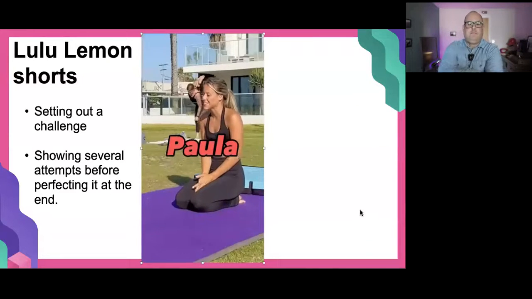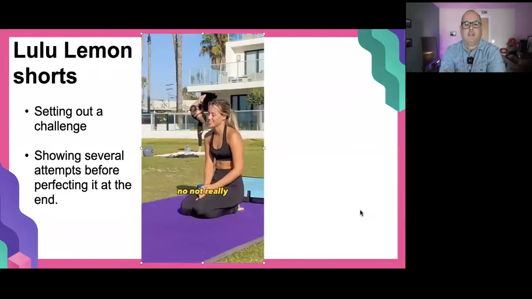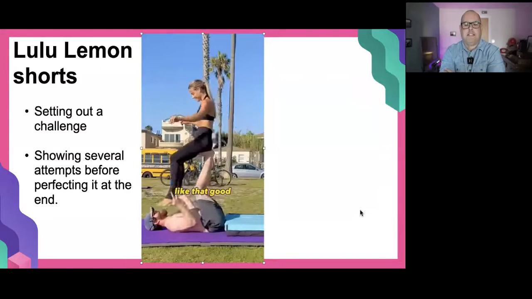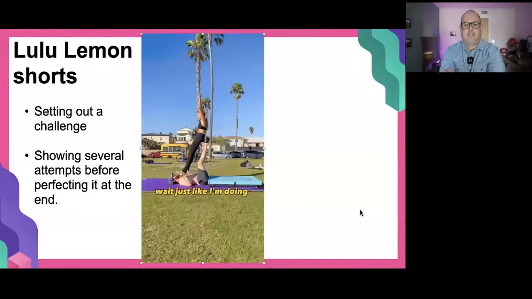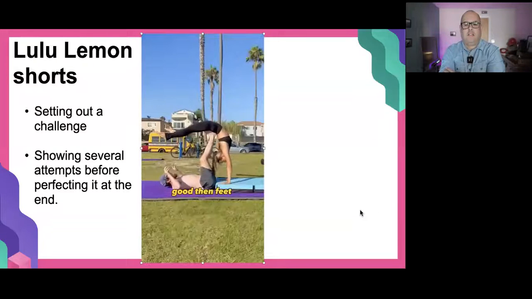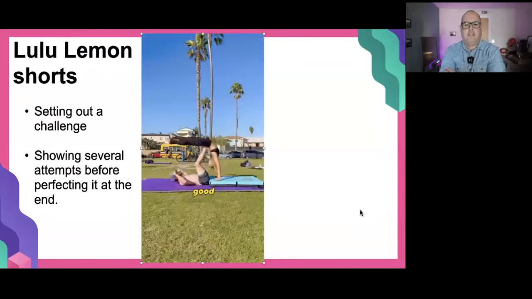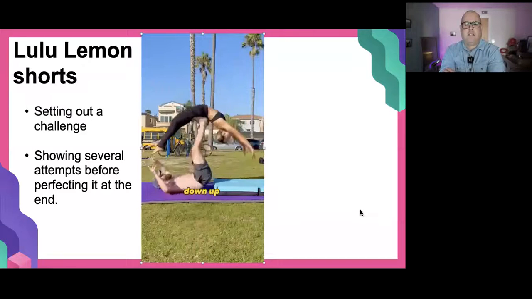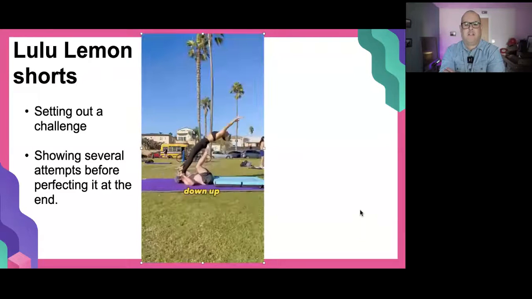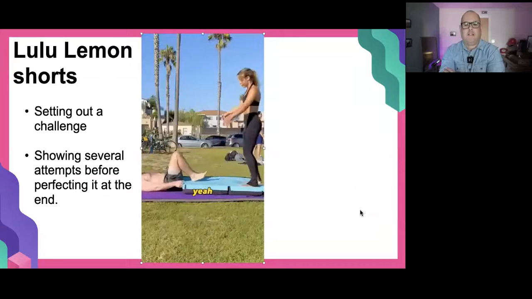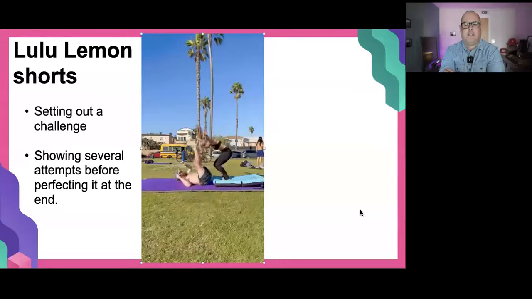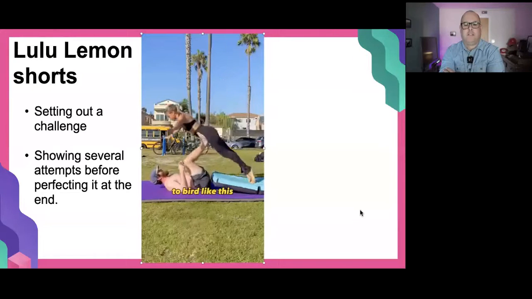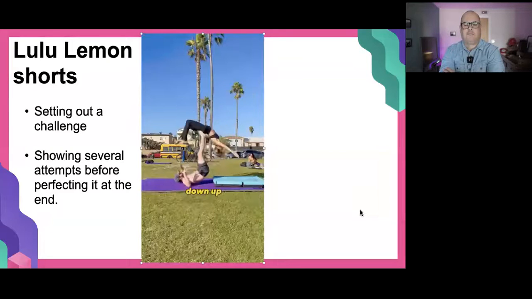What's your name? Hana. Have you done acro before? No, not really. Jump and sit. Like that. Good. And then reach back and touch the ground. Wait, just like I'm doing a heavy handspring? Yep, really slow. Good. And then feet over the top. Good. Down. Up. Good. Down. Up. Nice. That was no hands, right? Yeah. Down. Up. That was good. And go to bird like this after you land. Down. Up.